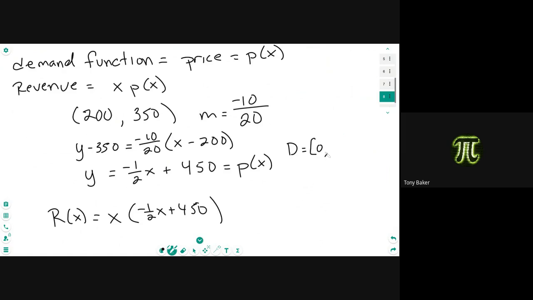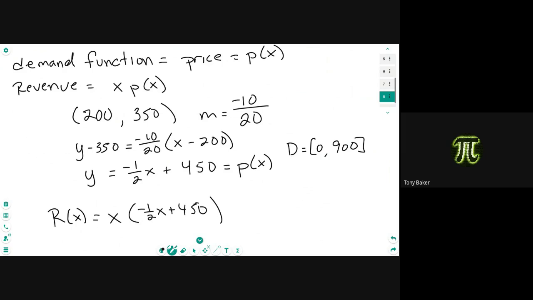I could have 0 TVs. Because I sold 0 TVs, that's at $450, but I'm selling 0 TVs. And the maximum amount of TVs that I could sell would be 900 TVs, because if I put the price at 0, I sell 900 of them.